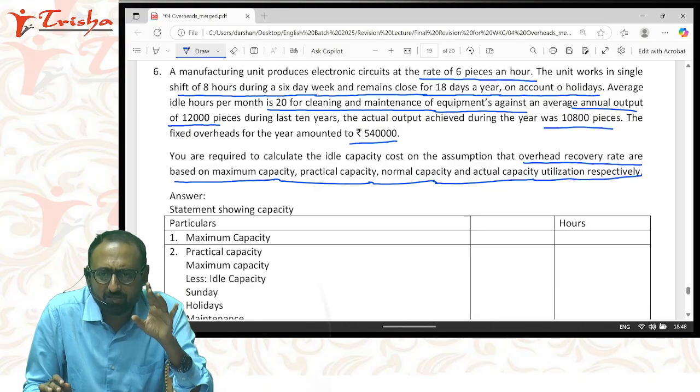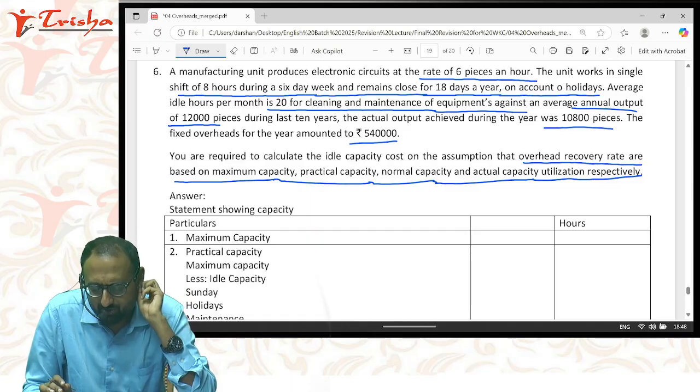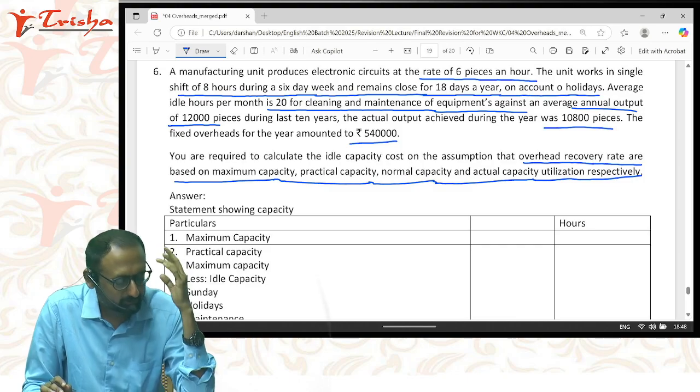Now read the question yourself again. Quickly you'll have to tell me how much will be your installed capacity, how much will be your maximum capacity, how much will be your rated capacity. Read the question. I'll give you time to think.